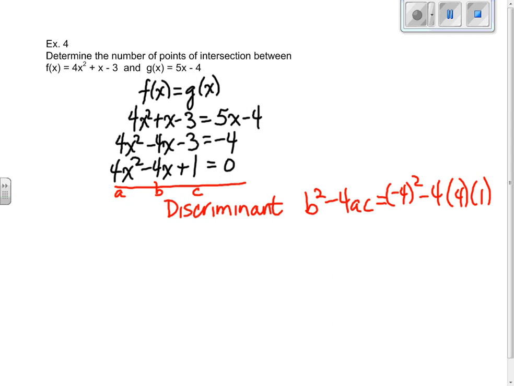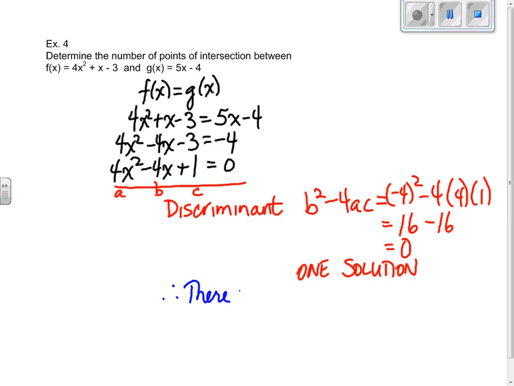So I've substituted the values into b squared minus 4ac. I will get 16 take away 16, which is exactly 0. If my discriminant is 0, that tells me I have one solution. And so, for f of x equal to g of x, there is one solution. That means there is one point of intersection for f of x and g of x.